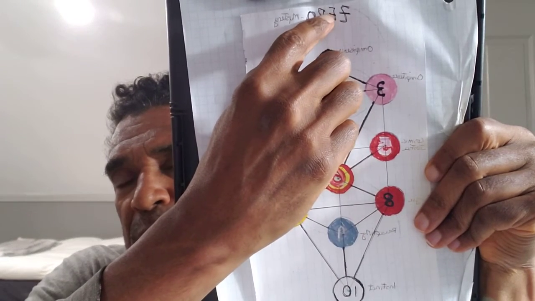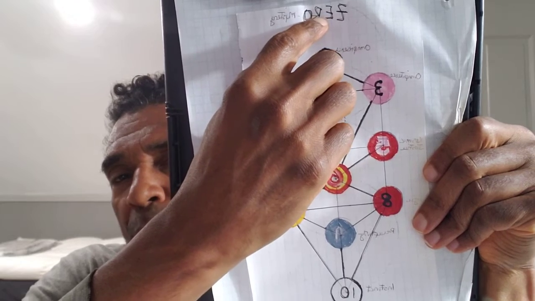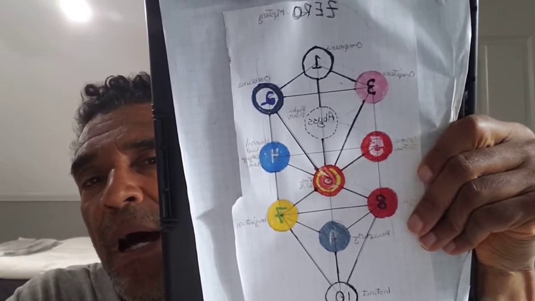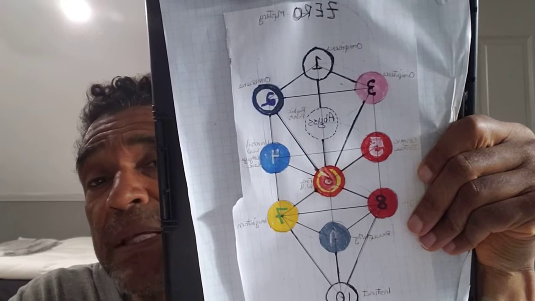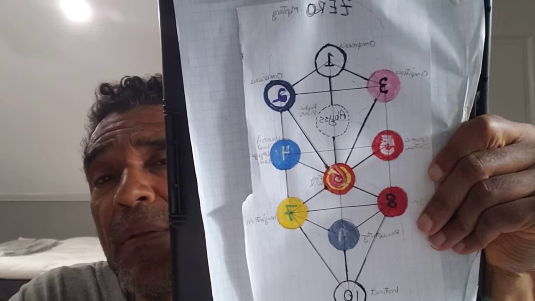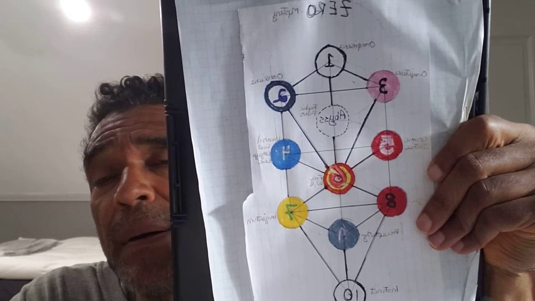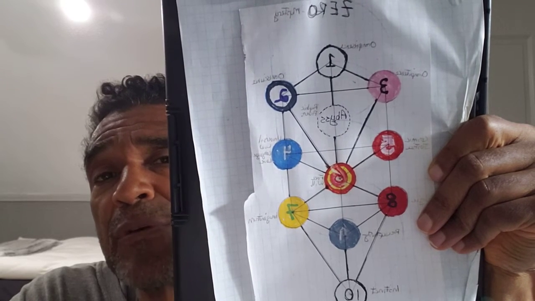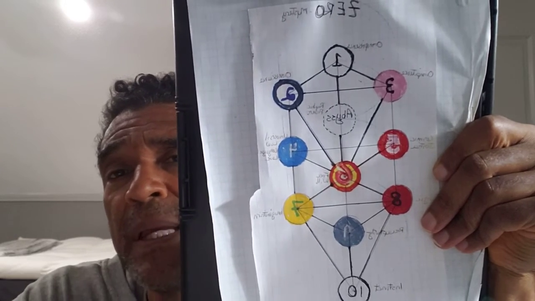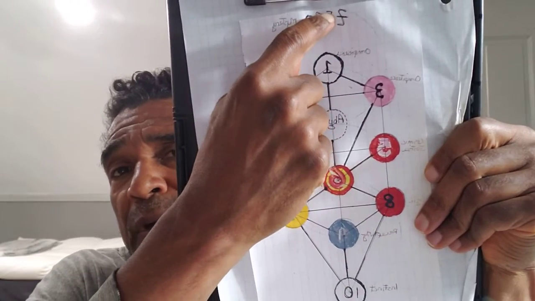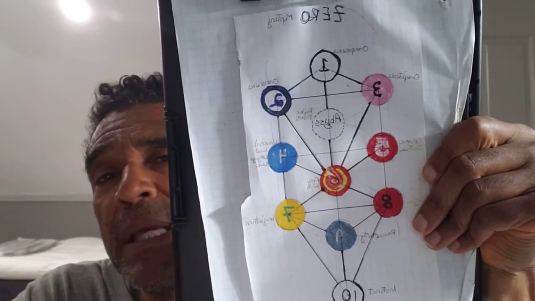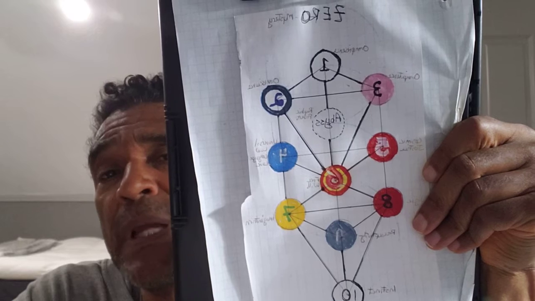Okay, so the 0 sphere above the tree, what does that correspond to? The 0 sphere is nothingness. It is zero. It is really the part of the universe that the Creator reserves for itself, meaning that the 0 sphere is not in the universe, but it is part of the Creator.